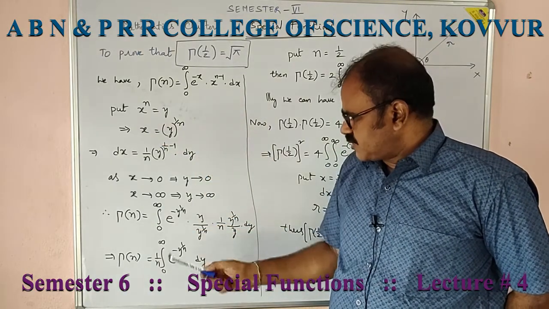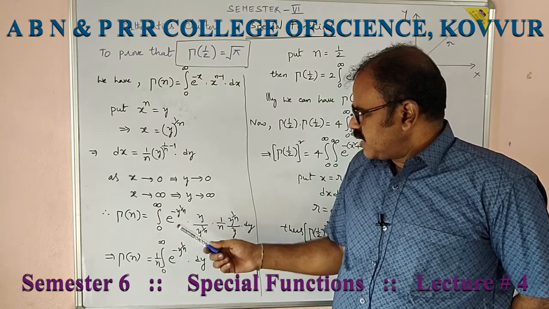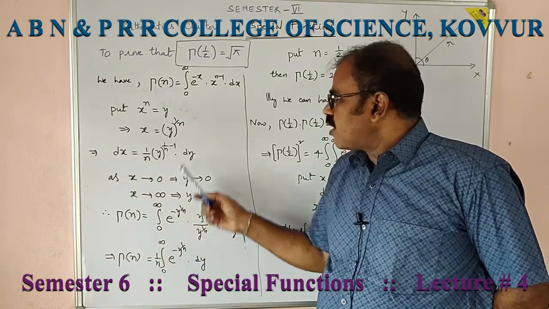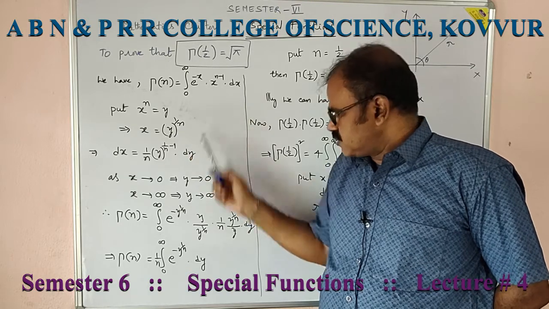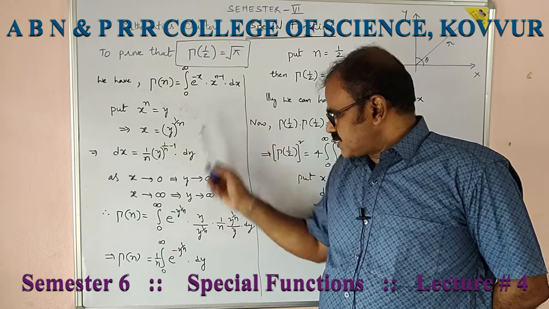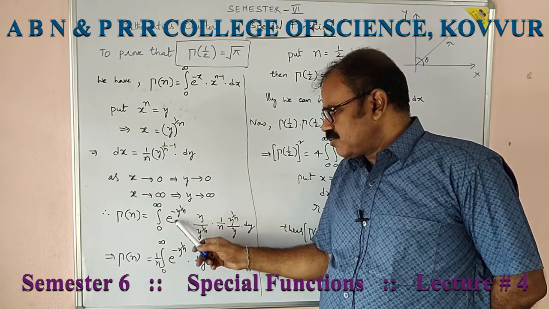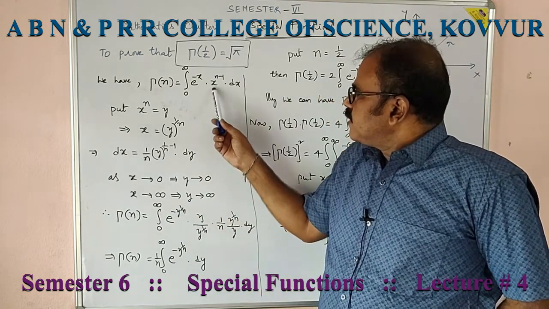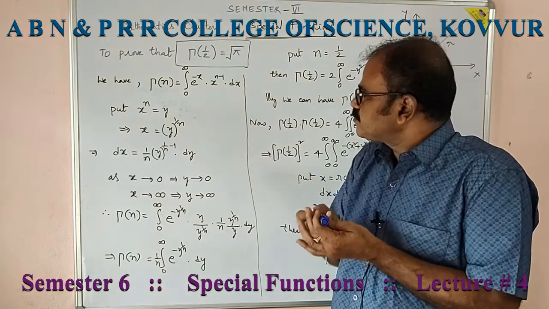Now, gamma n is equal to integral 0 to infinity, same limits, and the function changes into the variable y. In place of x we have y power 1 by n, so e to the power of minus x becomes e to the power of minus y power 1 by n, and x power n minus 1. What is x power n minus 1?